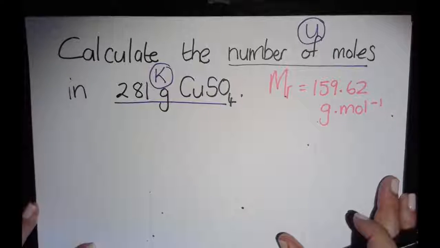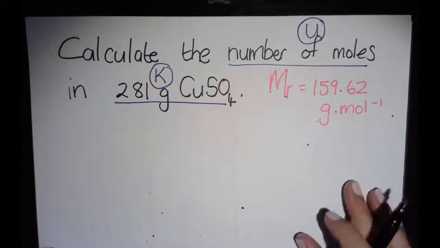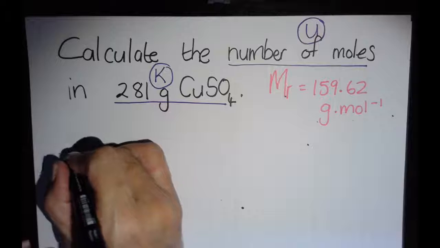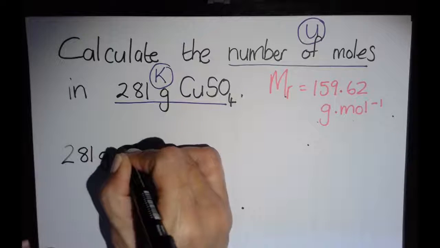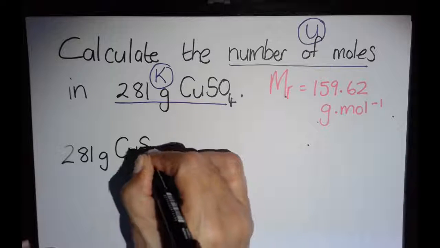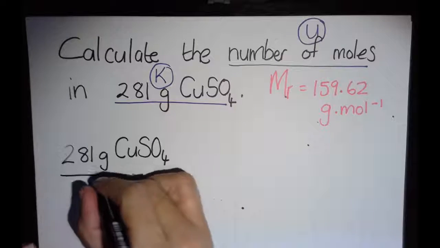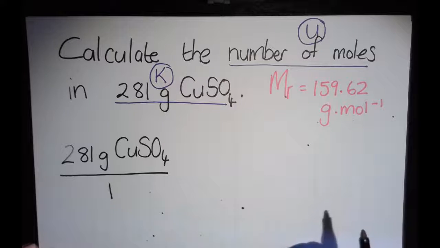So when you do dimensional analysis, you start by writing down your known. So I will write my known down, 281 grams of copper sulfate. The first thing I do is write down what I know. I put that over 1 because I'm going to use dimensional analysis and I want it to be a fraction.